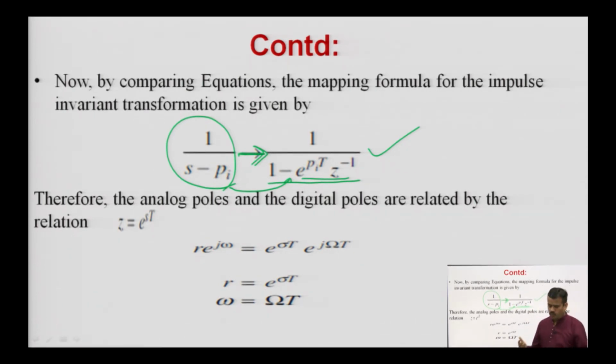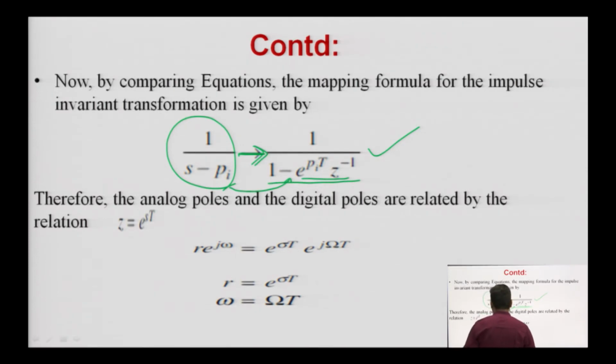Second, you do uniform sampling, putting t equal to small n into capital T, then you will get small h of n. Finally, you take the z transform of that h(n), and you will get H(z), the digital filter transfer function. So, in this way you can map your signal.